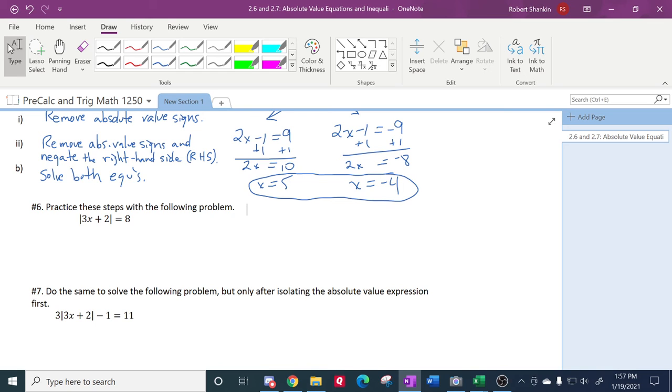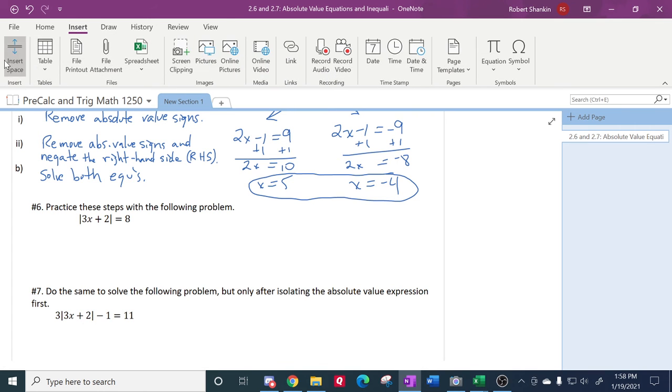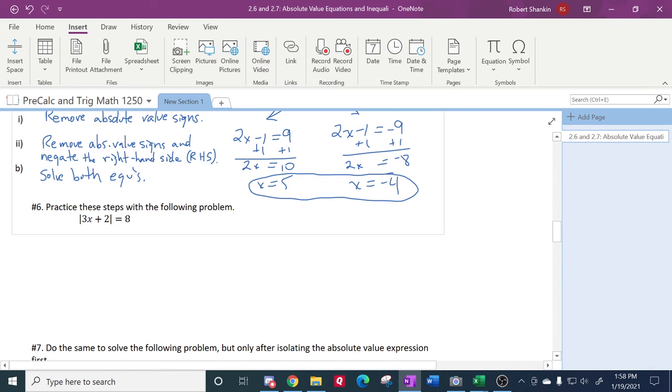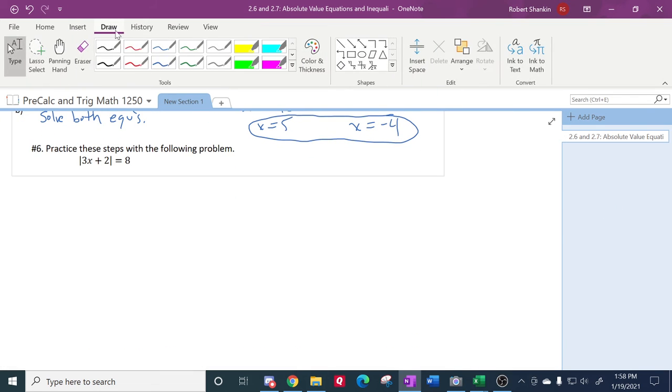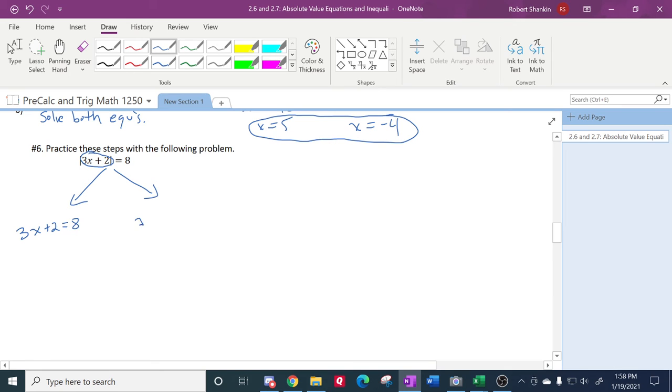Okay, in 30 seconds I'm going to work through number 6. Okay, so I'm thinking when this is resolved down to a number, after we're checking our work, putting x in as a number, that number that we resolve it down to had to have been either 8 or negative 8.